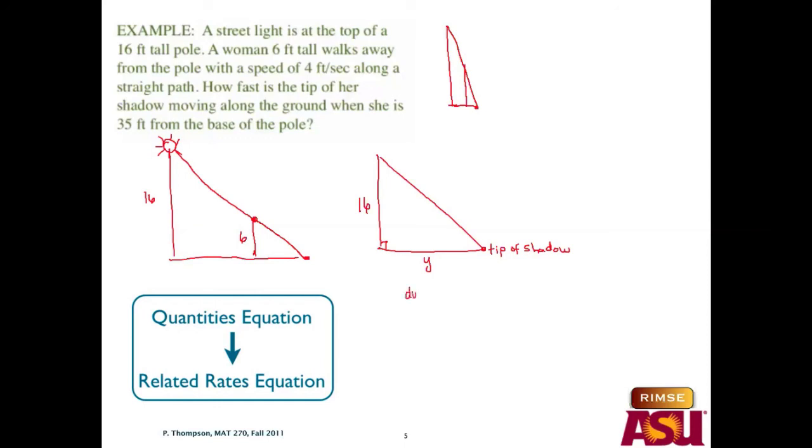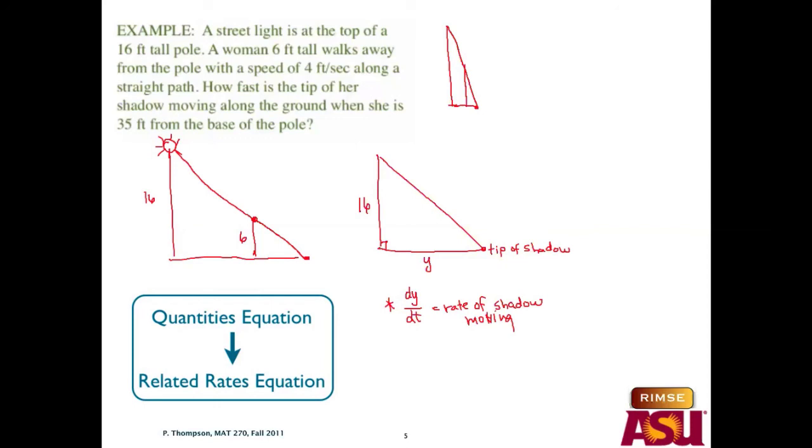the rate at which the shadow is moving along the ground as the thing I want to find. So the rate at which the shadow is getting longer, because the tip of the shadow is at the end of this. However fast y is growing, that's how fast the shadow is growing.